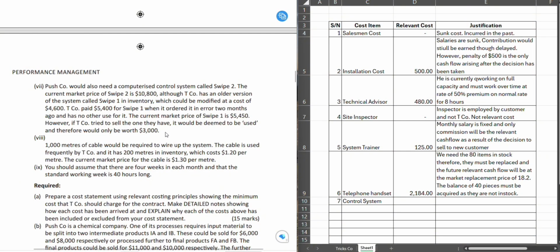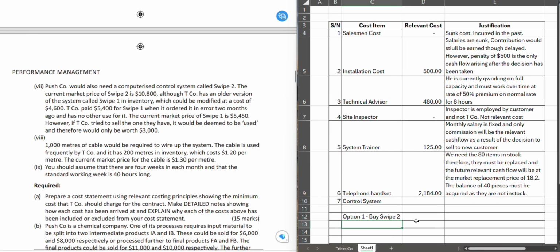So option 1, let me just quickly do this analysis. I'll delete it. So option 1 is to buy swipe 2. And if you're buying swipe 2, you are paying $10,800.